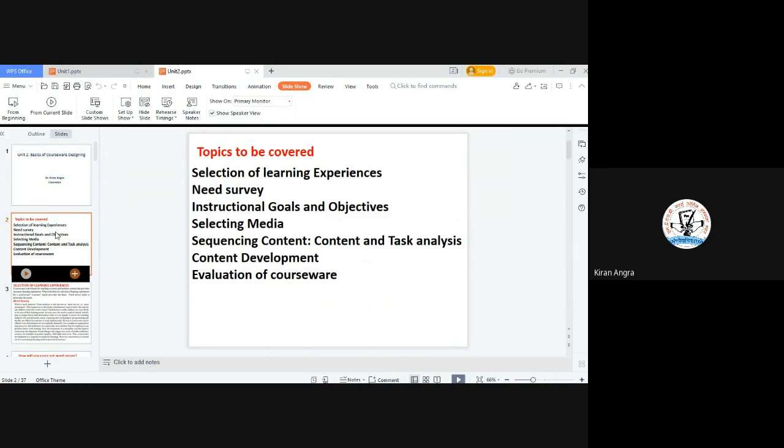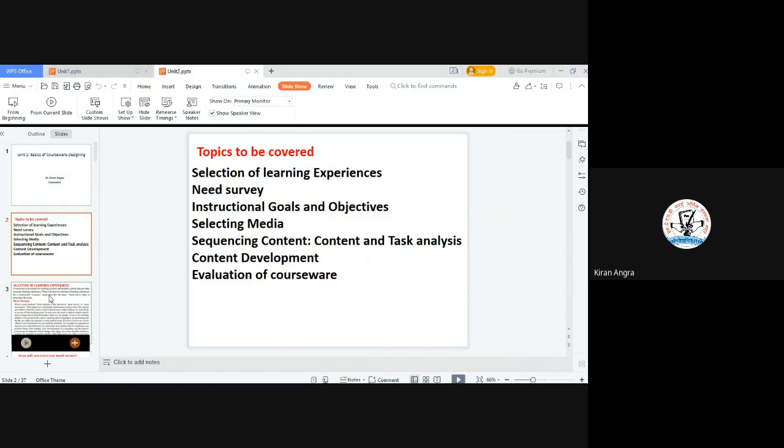The very important concept in this is that you have to select courseware developed for teaching a course. What is a courseware? It is for teaching a course and includes content that provides a learning experience.